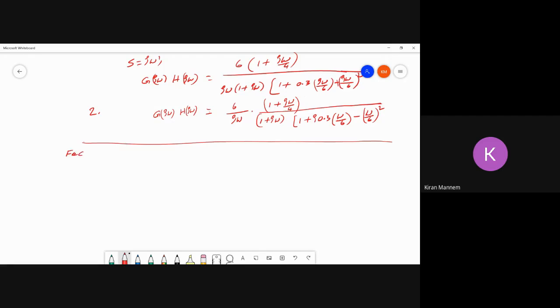First one, what is the factor? Then corner frequency. What is the corner frequency?